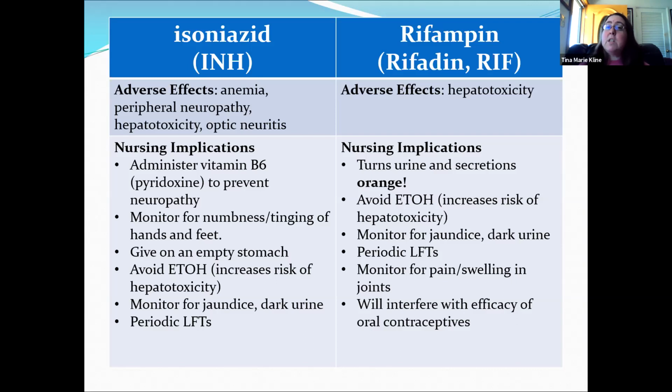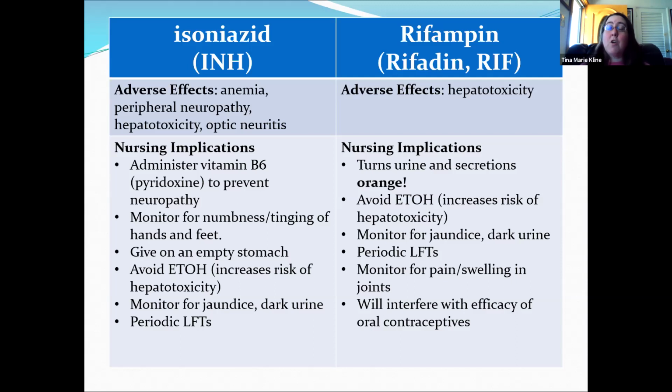Now, when we move on to the rifampin, again, look at that adverse effect, hepatotoxicity. That is going to be a theme for all of your TB meds. The other big one with rifampin is going to be that it turns urine and secretions orange, or kind of like a reddish orange. And, you know, we talked about pyridium turning urine orange. This isn't just your urine. This is all of your body's secretions.